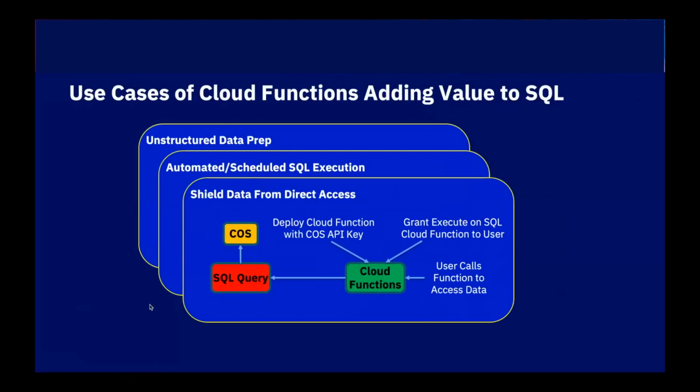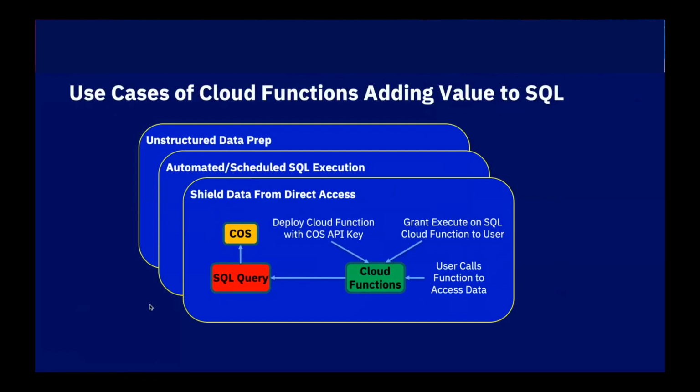Another thing is you can use cloud functions as a sort of stored procedure, if you compare it with database terms. Stored procedures means you have coded up one or more SQL statements that do a certain thing, produce a certain result, and access certain data with certain predicates, or certain where clauses. And then you have a result after running this. Now, what you can do is say, I'm not giving my users access to my data in cloud object storage.